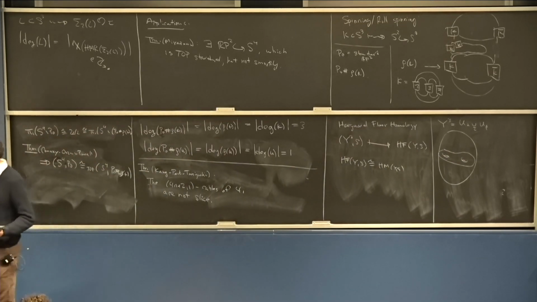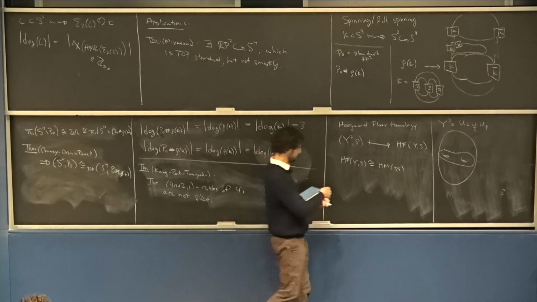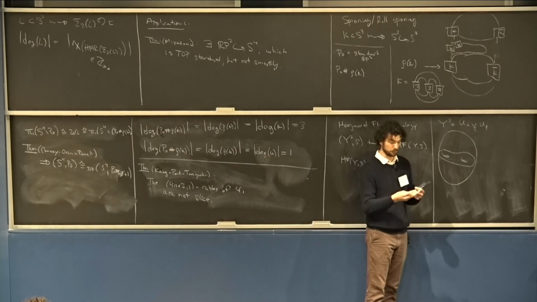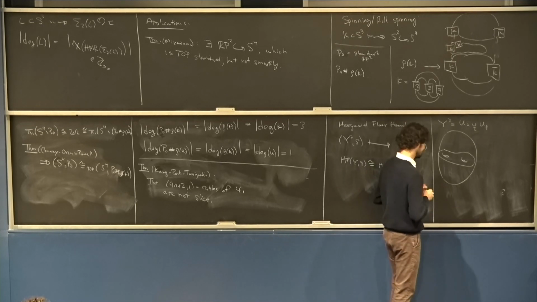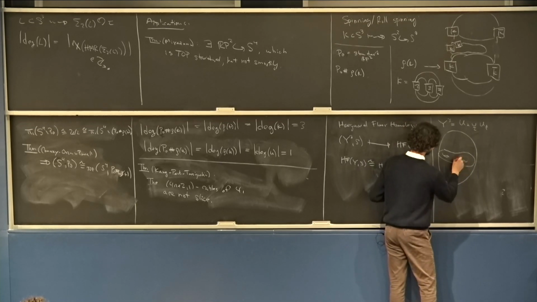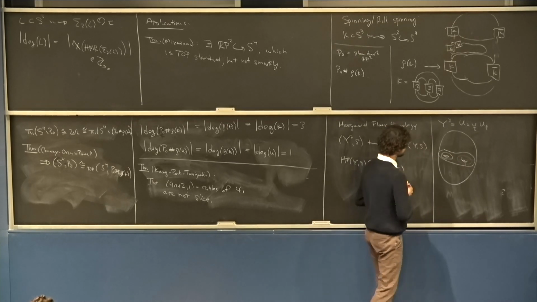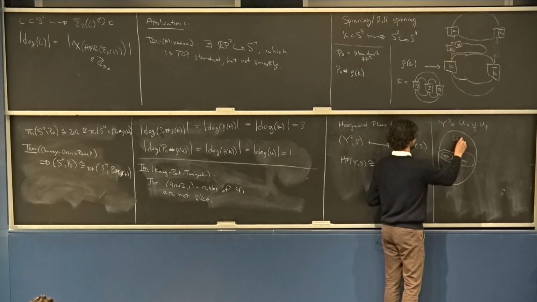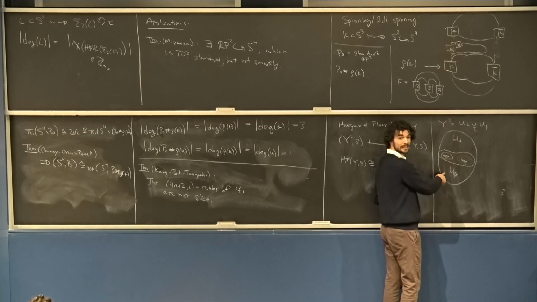And now there are colors. And this is going to be really hard because alphas are red and betas are blue, but I only have a yellow. So, great. I can sort of record the data of the splitting by specifying a handle decomposition of these two handlebodies.